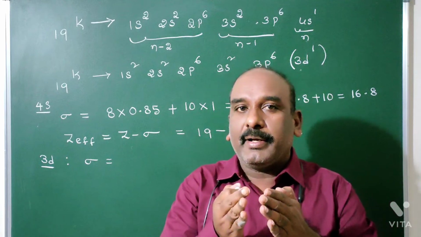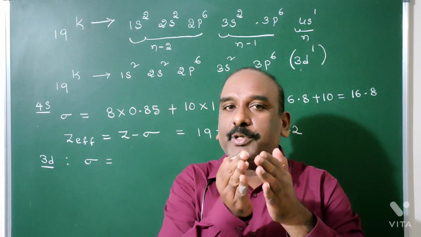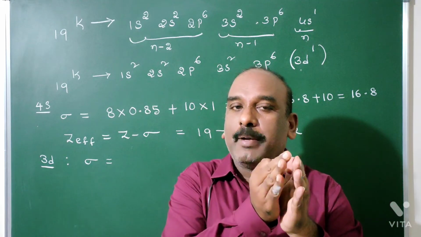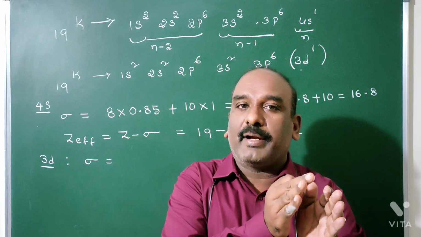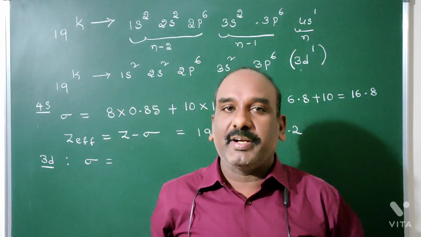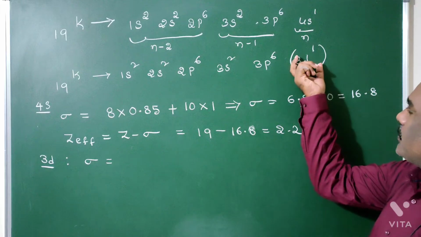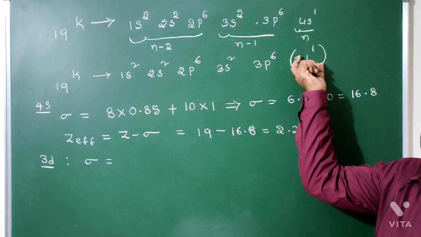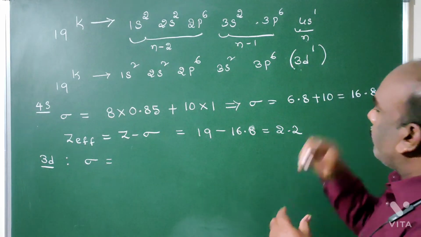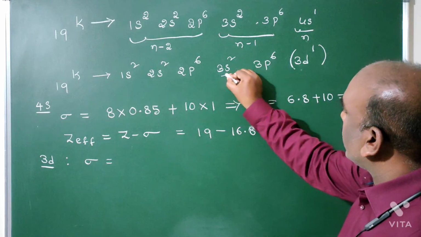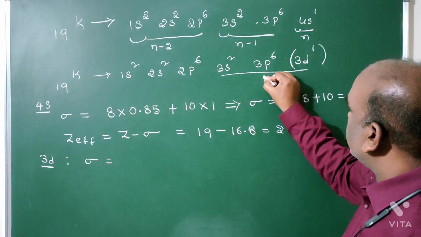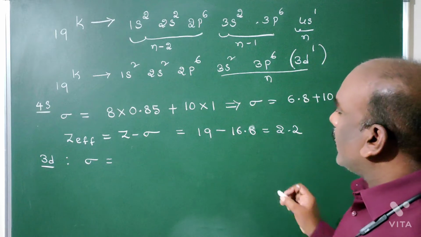Each electron coming left to the nd subshell contributes the value 1 to the screening constant or shielding constant. This 3d subshell is taken as the nd subshell. According to this configuration, the third orbit is the ultimate orbit, the nth orbit.